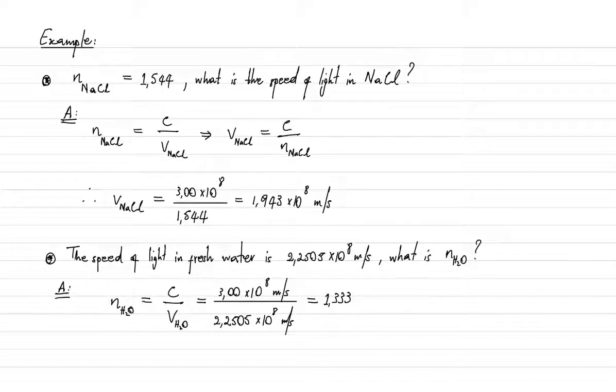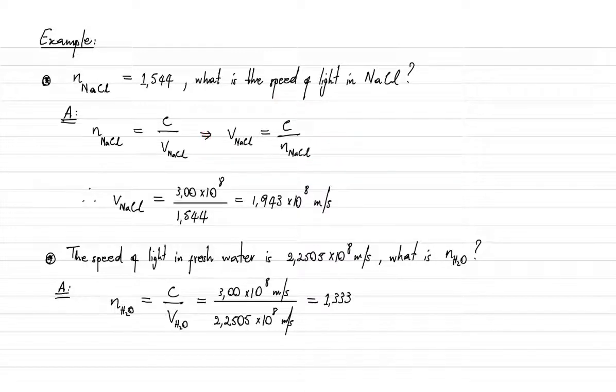Well, since we know the index of refraction and its definition, we can reshuffle this definition and make the speed of light through the sodium chloride the subject of this formula, and we end up with something like this.